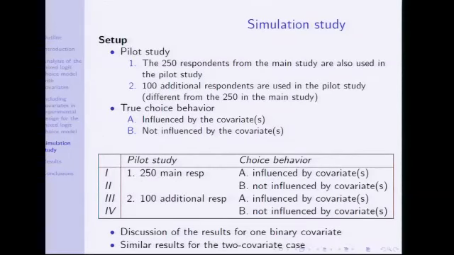We considered a specific setup for our simulation study. More specifically, we considered 4 specific scenarios defined on assumptions made on either the pilot study and on the true choice behavior of the population. Now, for the pilot study, in each setup, we assumed that there are 250 individuals in the study.